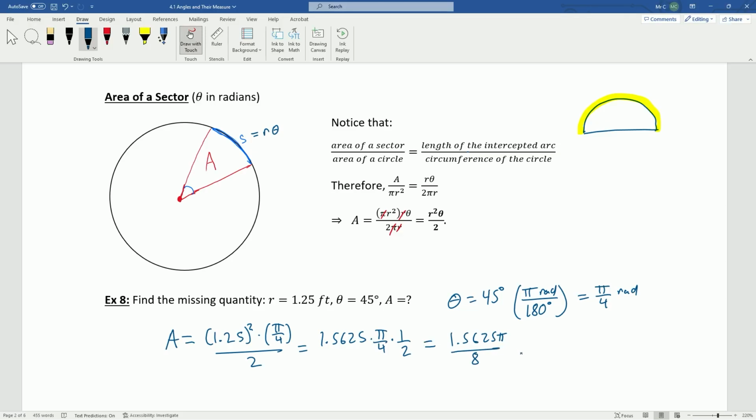That's an exact answer, but of course, I might want to write it as a single decimal. So I'll multiply by pi, divide by 8, and we get approximately 0.6136. Our units were feet, so this would be feet squared. Okay, so that's it for that one.